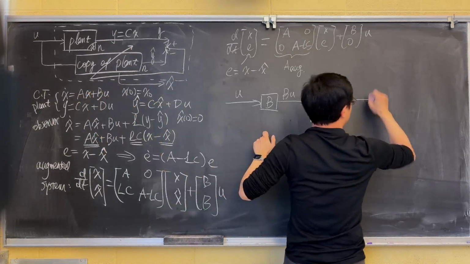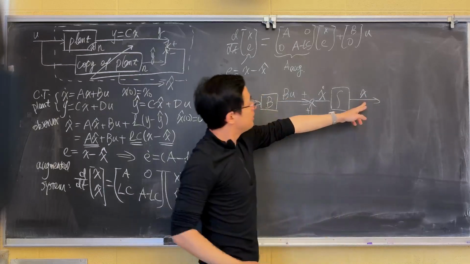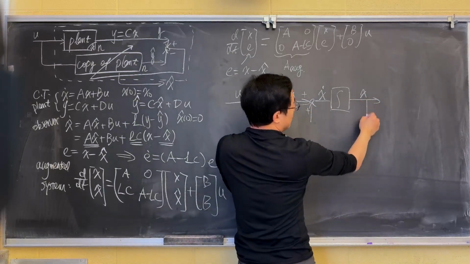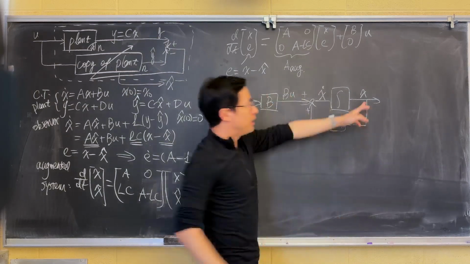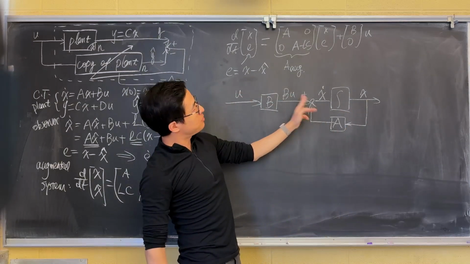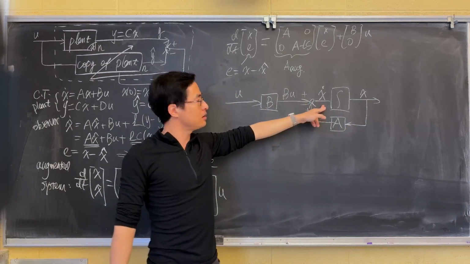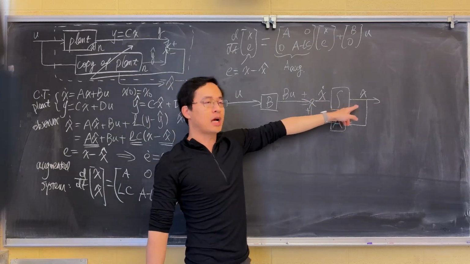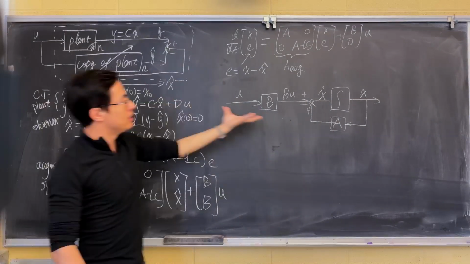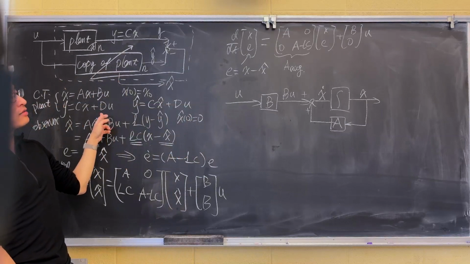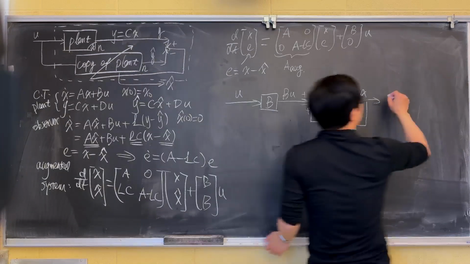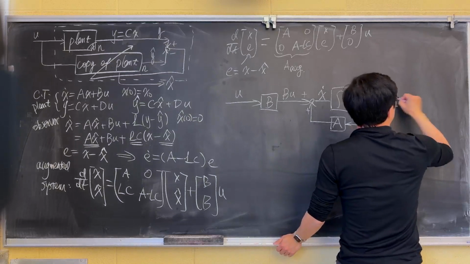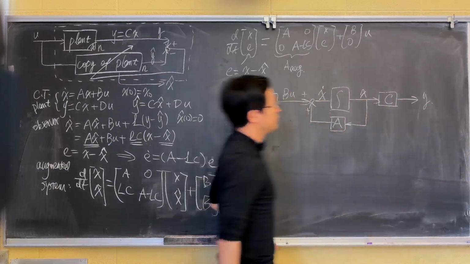So we have an integrator over here. This is X, and then AX plus BU generates X dot, and X dot integrated becomes X. So that's how to write the state equation in a block diagram. And then the output is C times X, gives you the output Y.